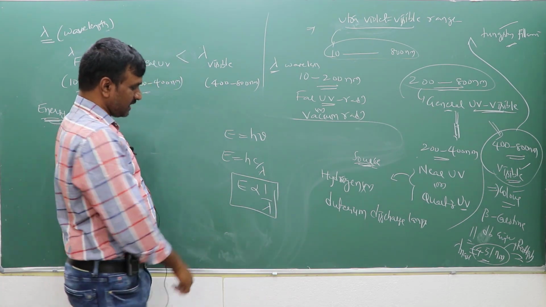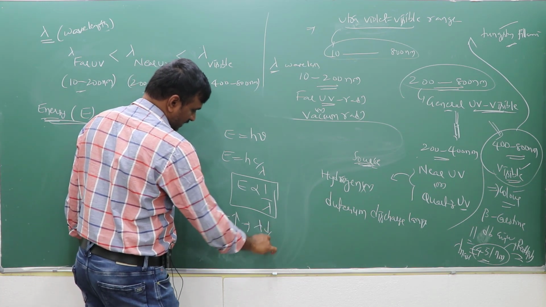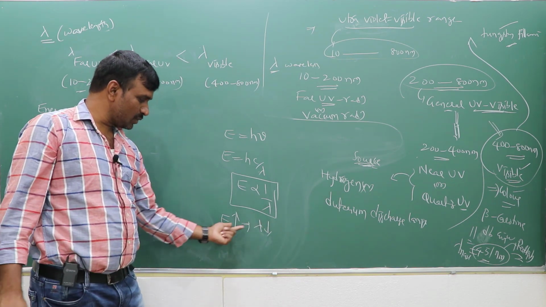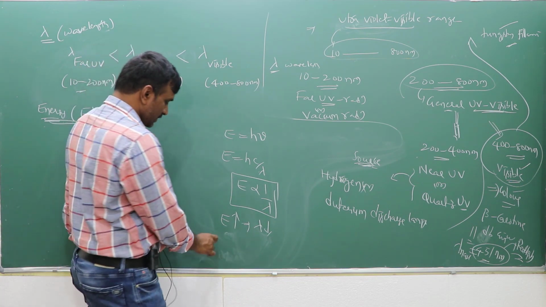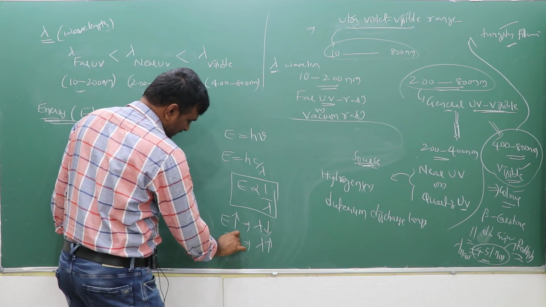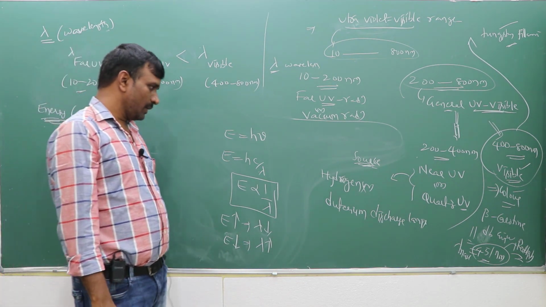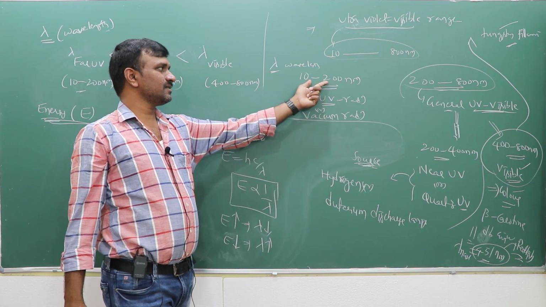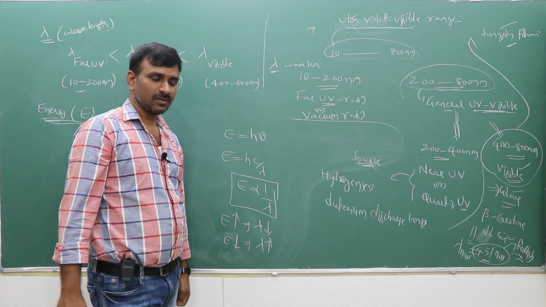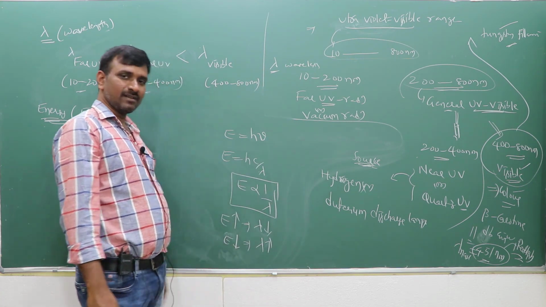So that means if energy is more, wavelength is less. At lower wavelengths, more energy is available. At higher wavelengths, less energy is available. Right? You understood? If wavelength is less, more energy is available; if wavelength is high, less energy is available.